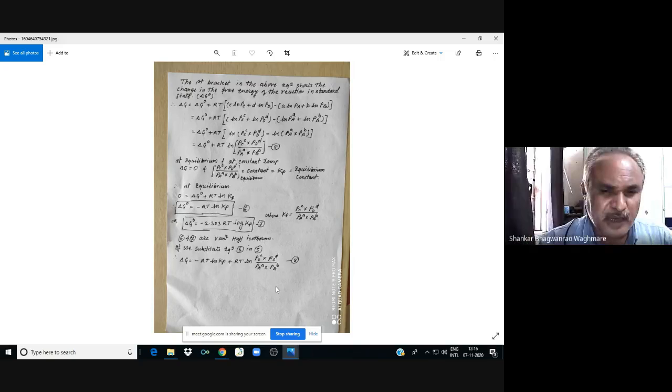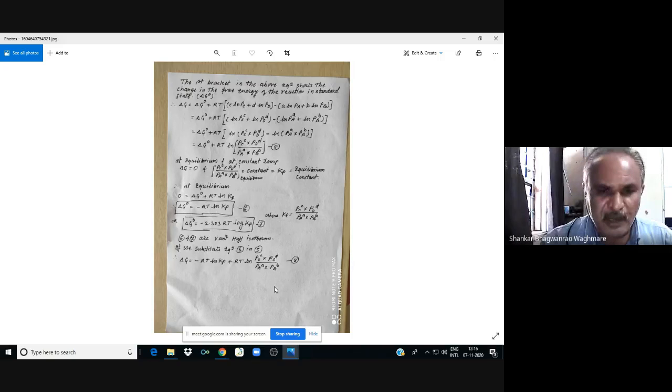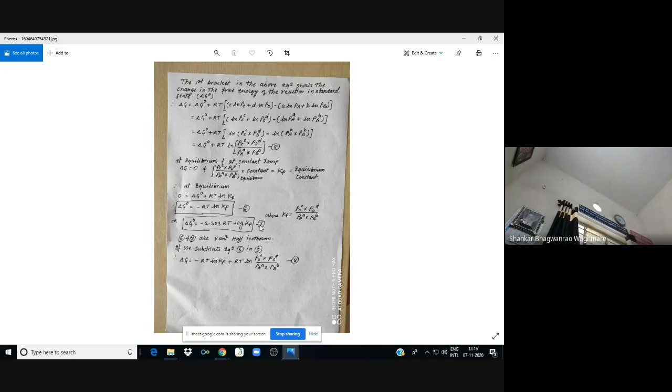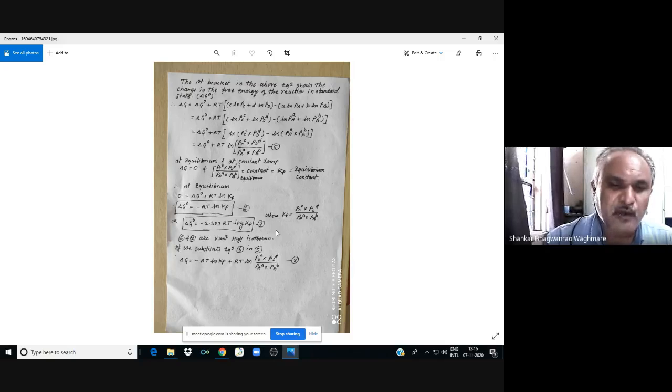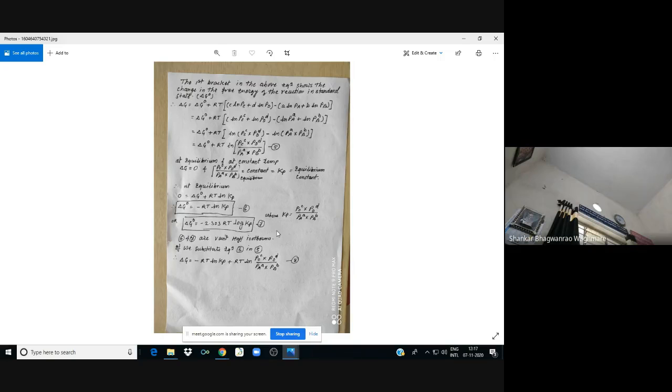We know that an isotherm is nothing but an equation or a graph which is obtained at constant temperature. And therefore, equations number 6 and 7 both are known as Van't Hoff reaction isotherm or Van't Hoff isotherm. Okay, got it?